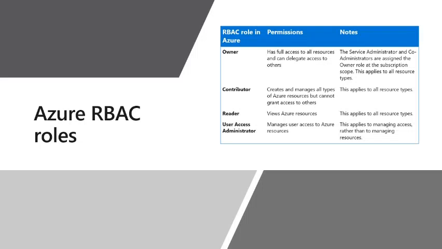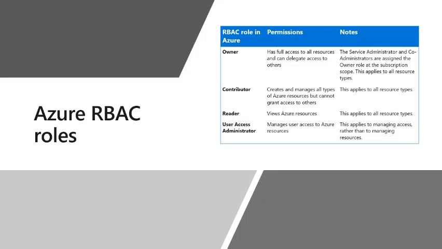Azure RBAC is an authorization system built on Azure Resource Manager that provides fine-grained access management to Azure resources such as compute and storage. Azure RBAC includes more than 70 built-in roles, but there are four fundamental RBAC roles. The first three apply to the resource type, and the fourth one is user access administrator, which provides access to a certain user.